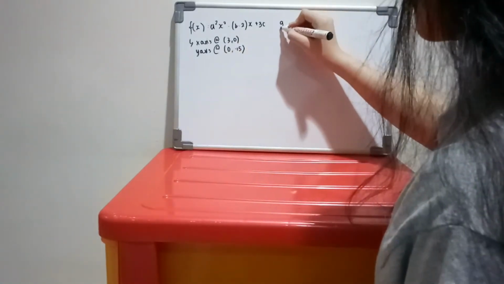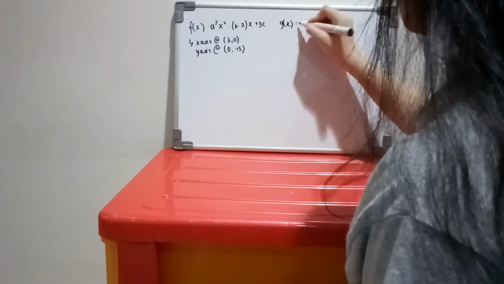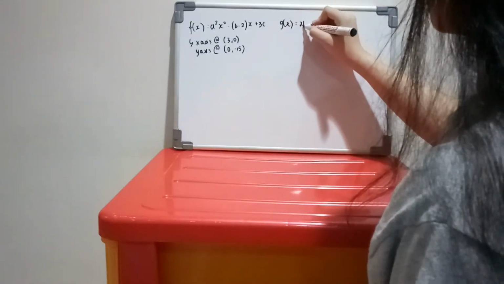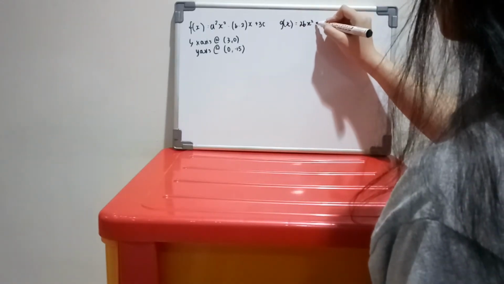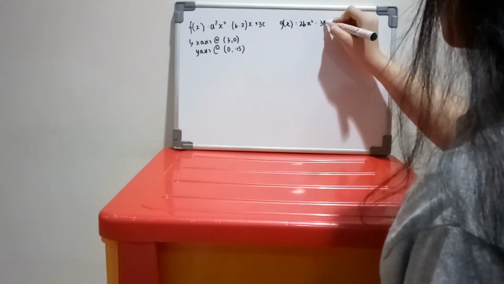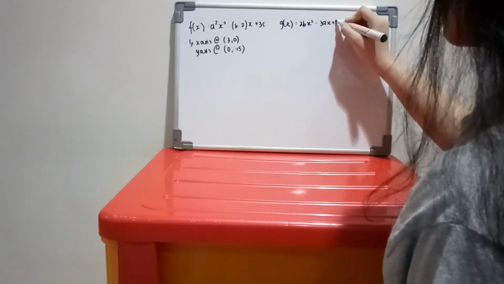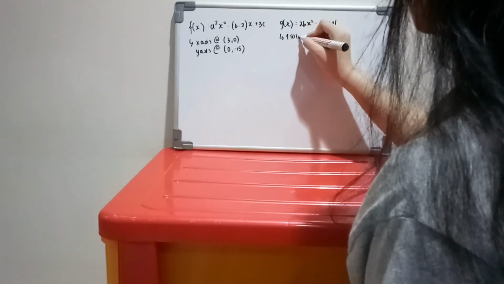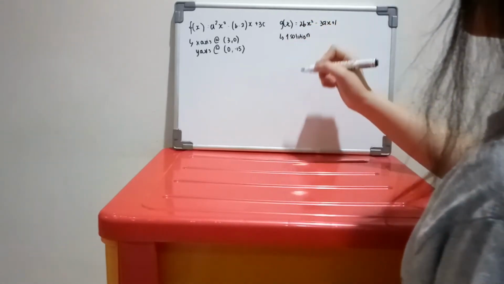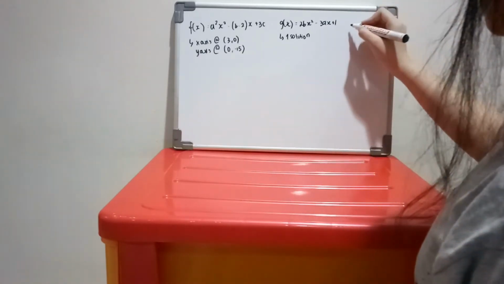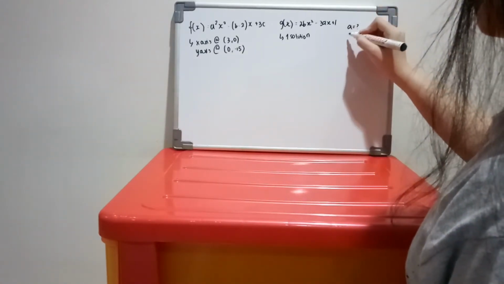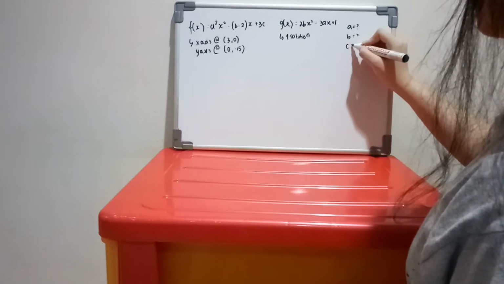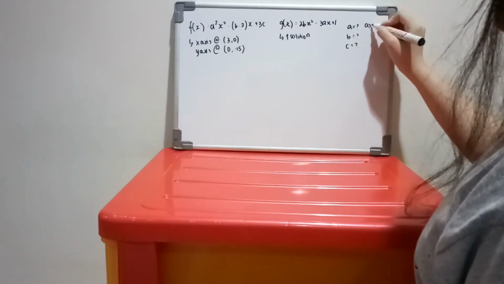We also have g(x) equals 2bx² minus 3ax plus 1, and it has exactly one solution. We're trying to find the values of a, b, and c when a is bigger than 0.